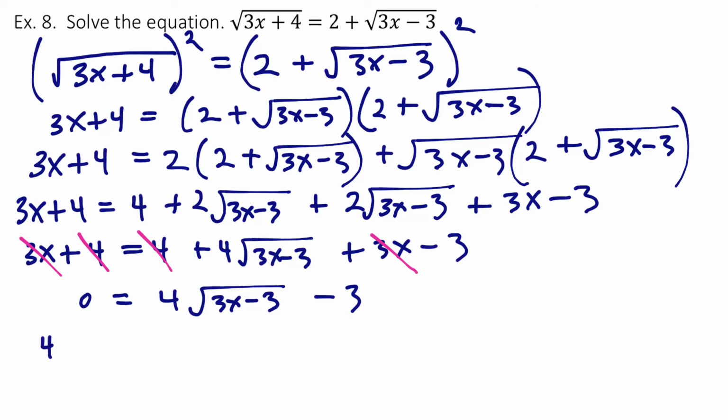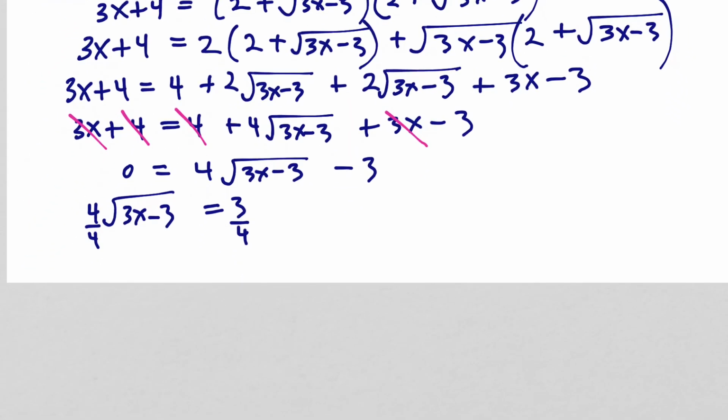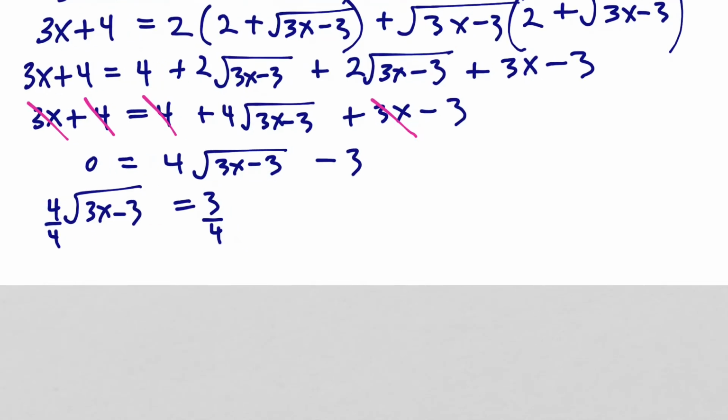So I've got 4 square root of 3x minus 3 is equal to 3. As I'm isolating my radical. So I've got the square root of 3x minus 3 is equal to 3/4.